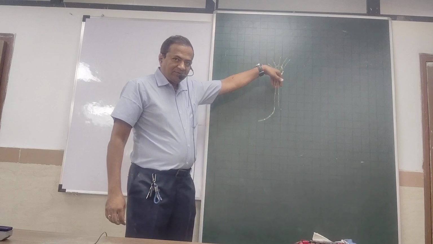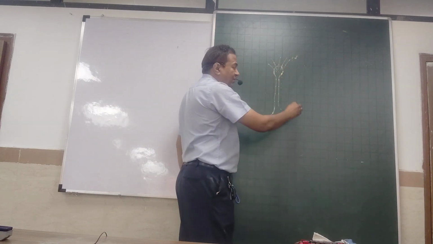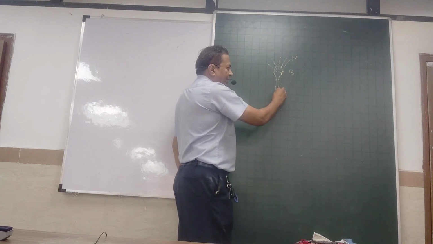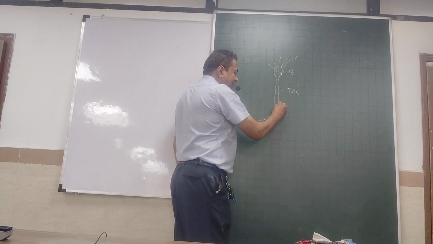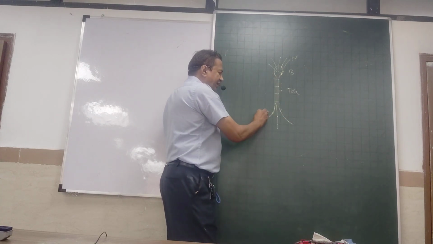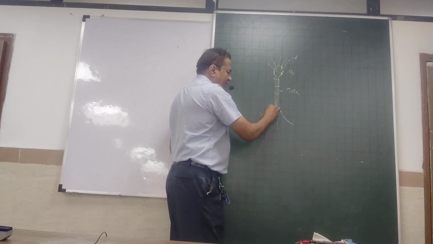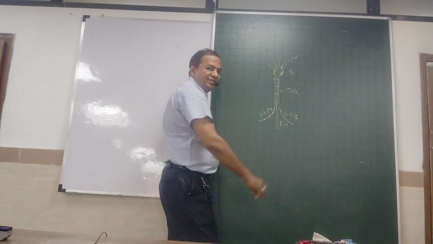So this olfactory bulb, olfactory nerve, olfactory bulb, olfactory tract. Tract divides into medial olfactory stria, lateral olfactory stria, and intermediate olfactory stria.